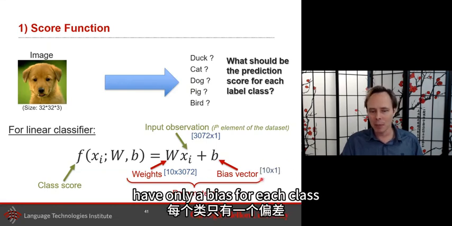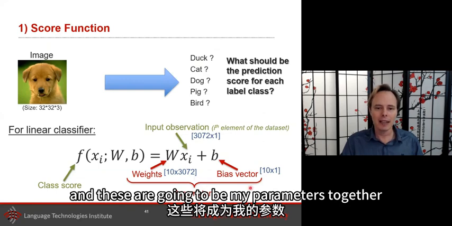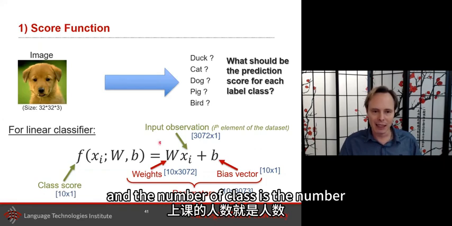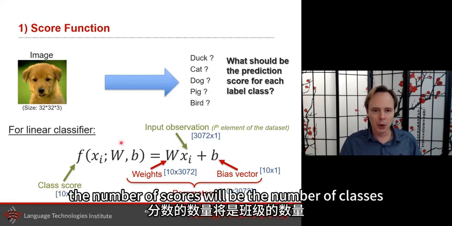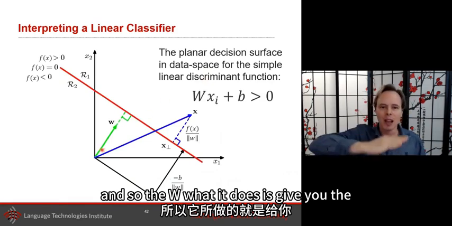I have only one bias per class, and these are going to be my parameters together. And the number of scores will be the number of classes.